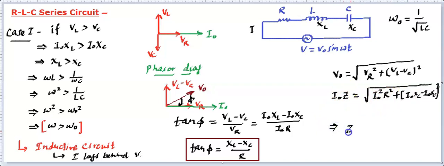So ultimately the impedance of this RLC series circuit is going to be square root of R squared plus (XL minus XC) squared. Here, what we have written should be XL minus XC. But anyhow, it doesn't matter because it's within this square, so the order does not play an important role. But still, to make things proper, let me write it as XL. Makes sense?